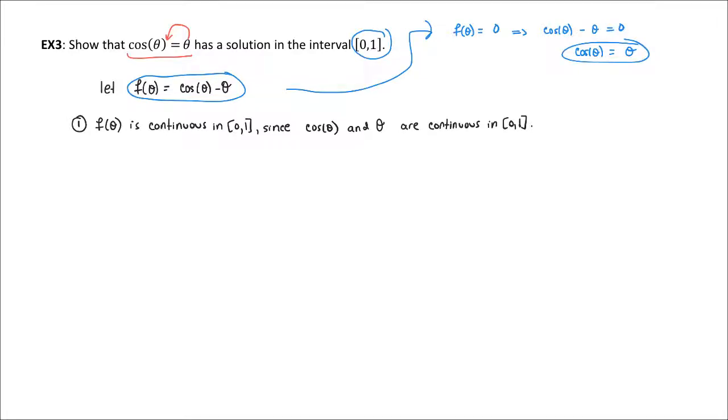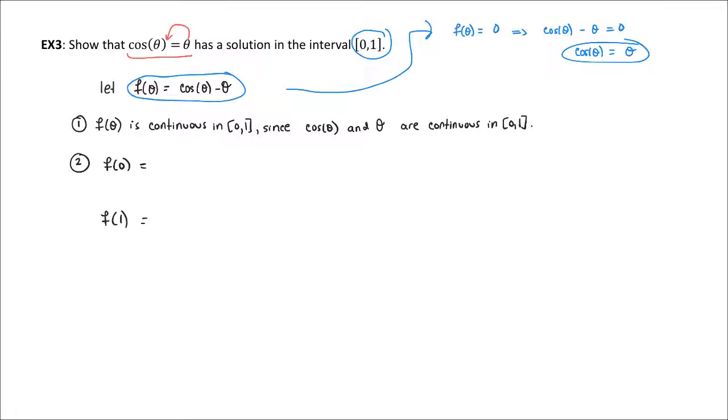They're both continuous. So cosine theta and theta are continuous. So then that means that the difference is continuous as well. So continuity is there.